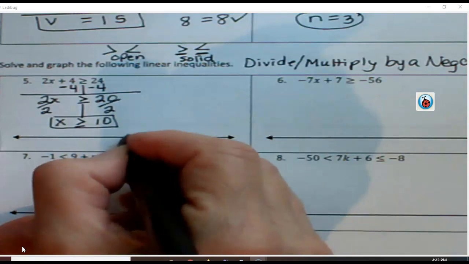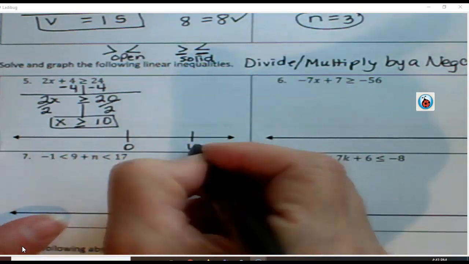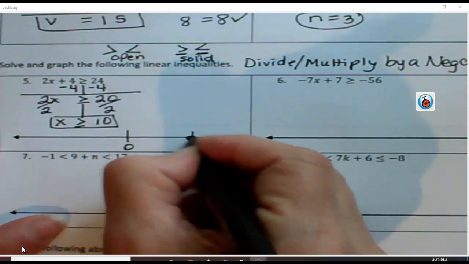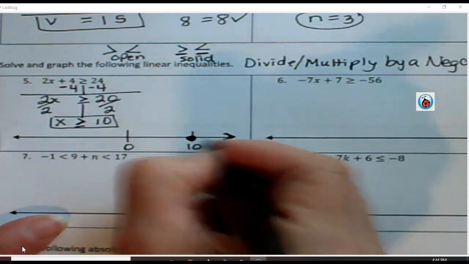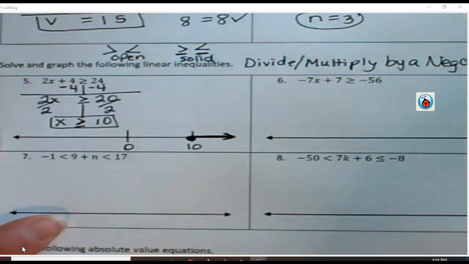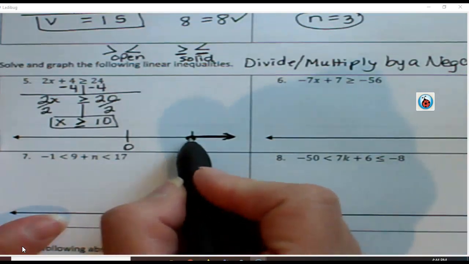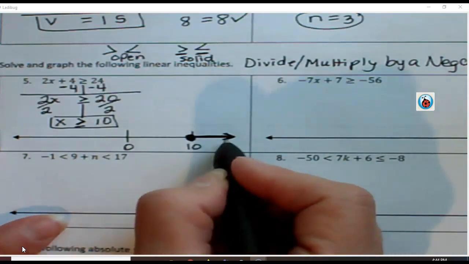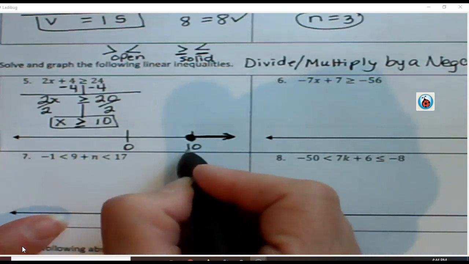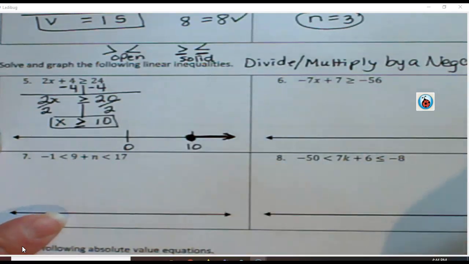So we come over here, you put 0, 10 is out here somewhere, solid dot. It's a greater than, so you're going to shade everything greater than that 10. That means your solution is all numbers greater than 10 and includes 10. So the solid dot means that it includes it in your solution set.